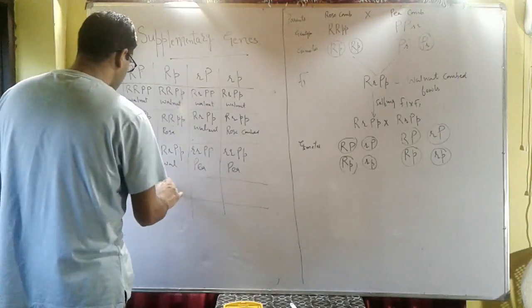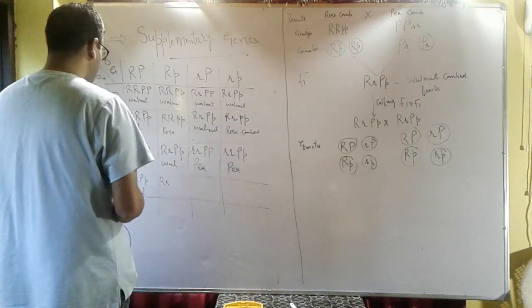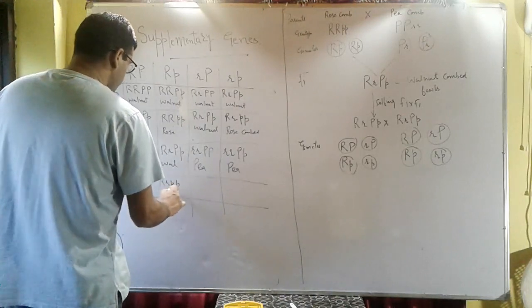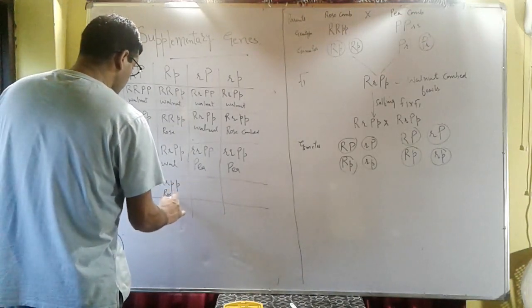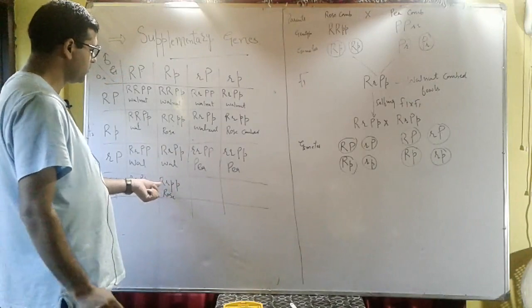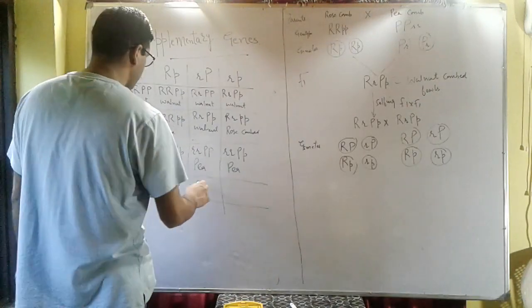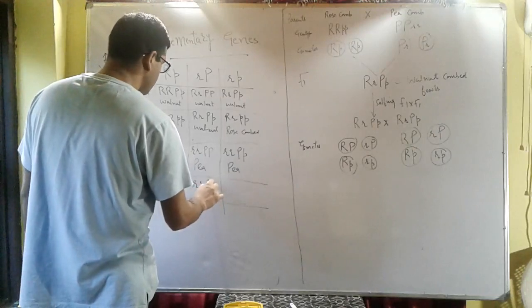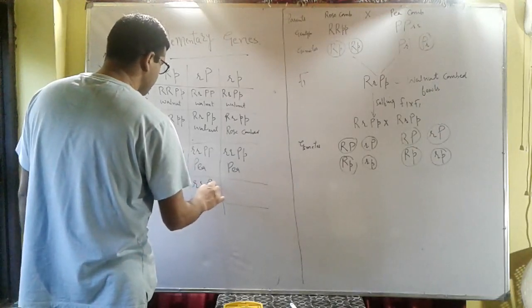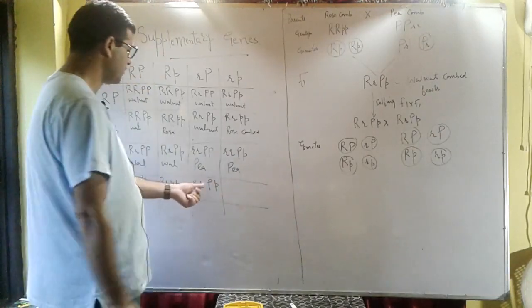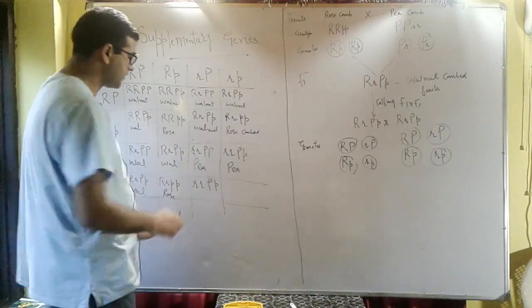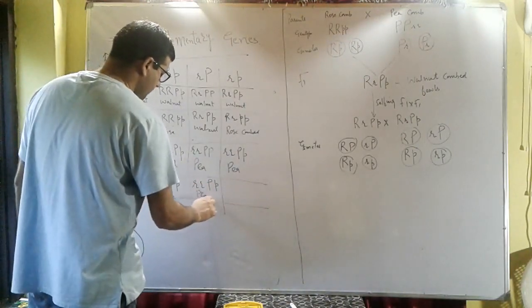Then capital R, small p, small p. This is also rose combed because only one dominant gene is present, that is R. Then small r, capital P, small p. Only one dominant gene P is present, so it is pea combed.